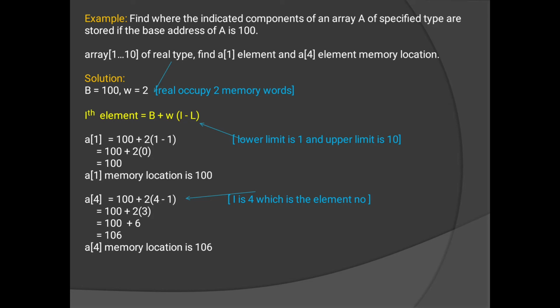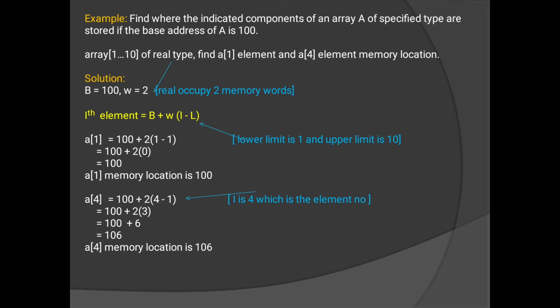Now when we execute that formula, the memory location of A1 equals 100 plus 2, which is the memory word, multiplied by the bracket containing 1, which is the ith element number, minus the lower limit, which is 1.